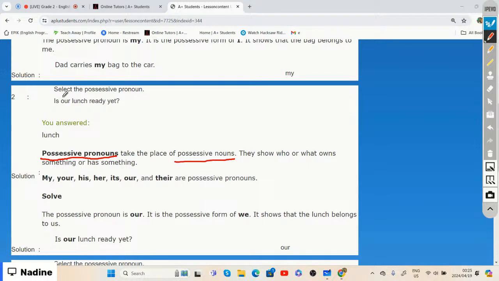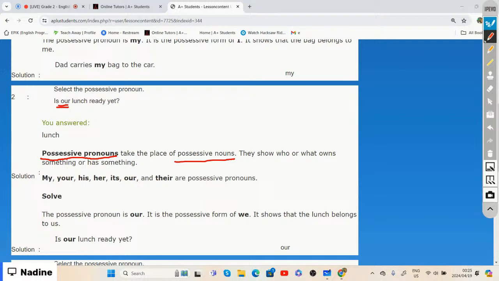So in this sentence, it says, is our lunch ready yet? We now need to select the possessive pronoun to show who it belongs to. Our is correct because it shows who the lunch belongs to.